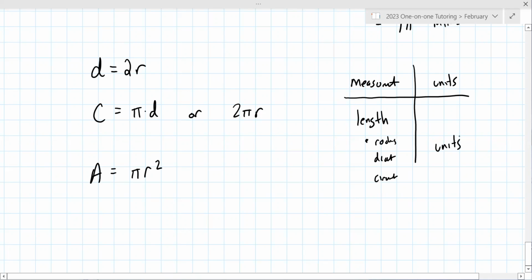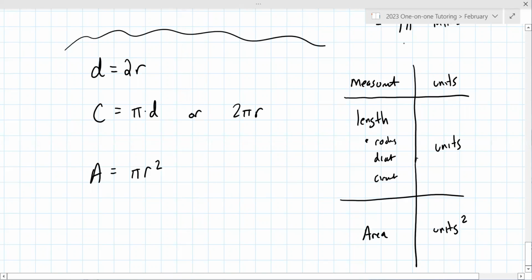If it's in meters, it's in meters. But when it's area, it's always units squared. So the area is the only one that's a little bit different. Is that okay? Yeah. Okay, so that summarizes what we did here.